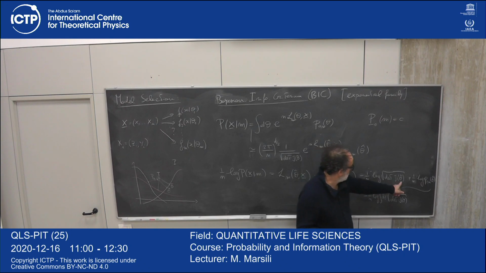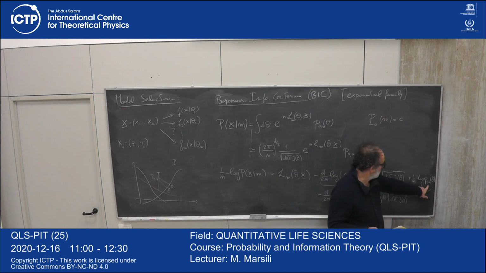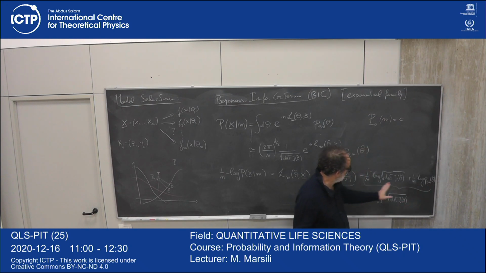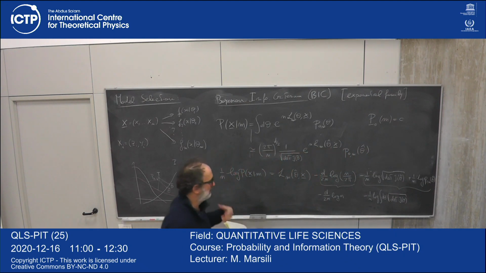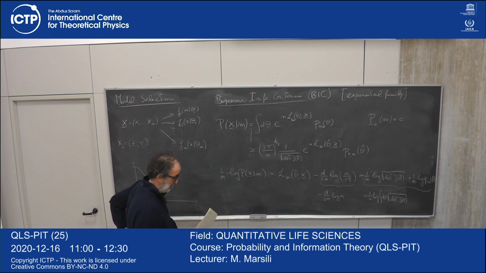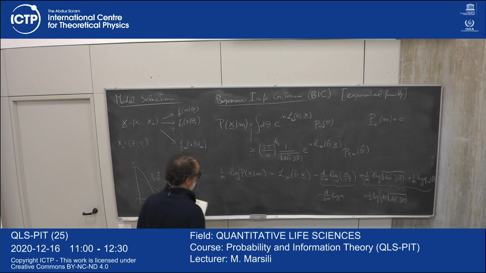So this depends on the data through theta hat, but if you take Jeffreys prior here, then these two terms just give you a penalty that does not depend on the data. And it's a characteristic of the model. Okay, it tells you how complex this model is.